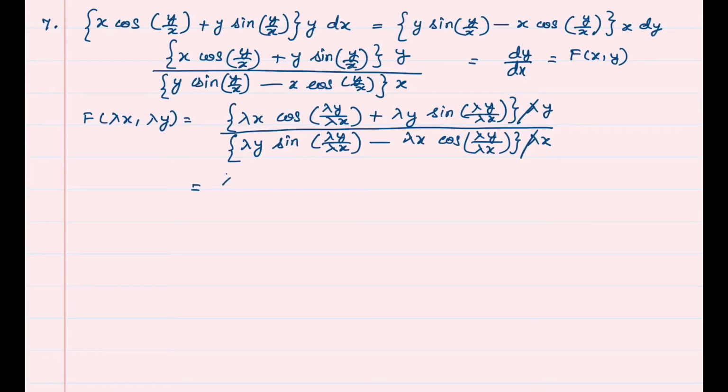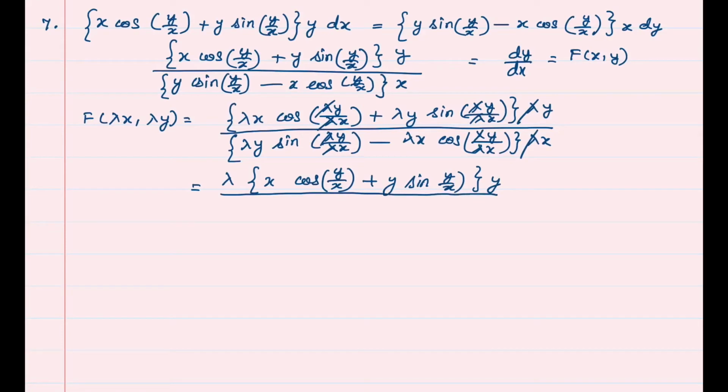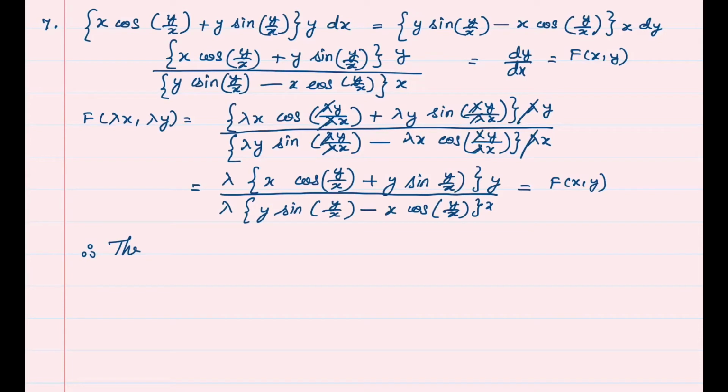We can take lambda out. Here also lambda is getting cancelled, which is same as f of x comma y. Therefore, the given differential equation is homogeneous.